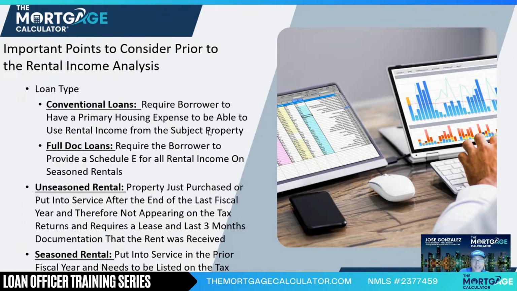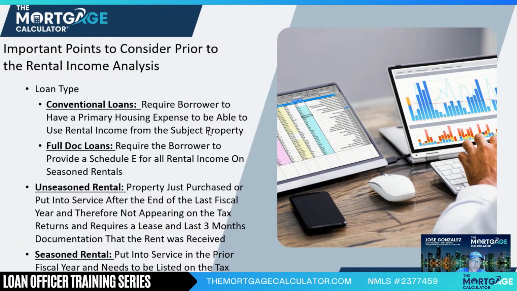Now, if you're doing a bank statement loan and you didn't put that property on your tax return, that's fine, because for bank statement loans, all you have to show is the lease and the receipt, for most guidelines, of at least 3 months of rental payments to match the rental payment you're supposed to be receiving per the lease.